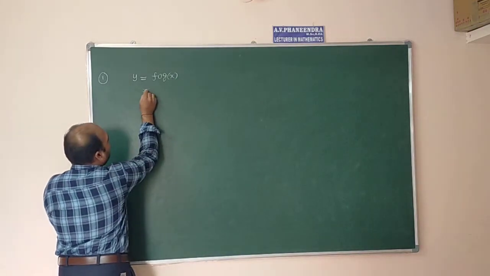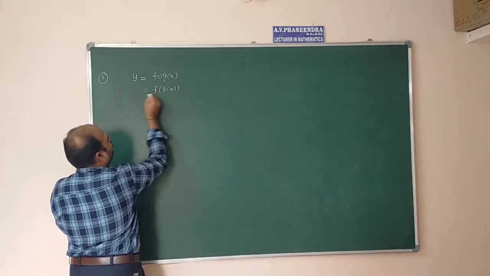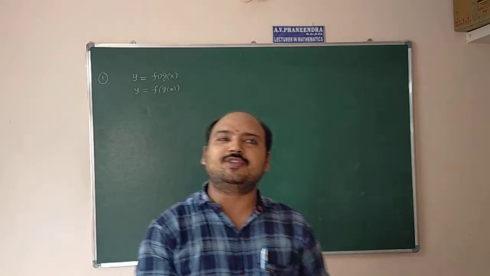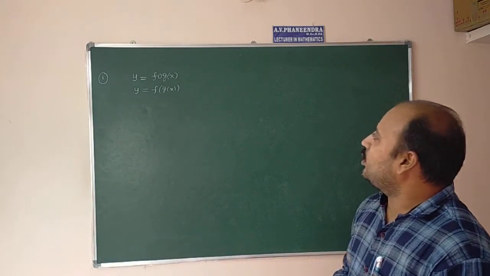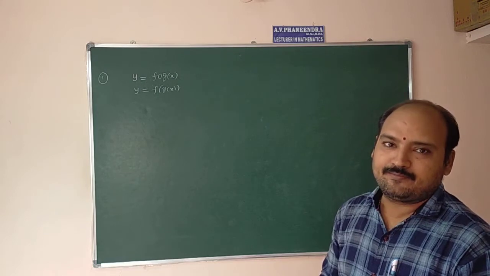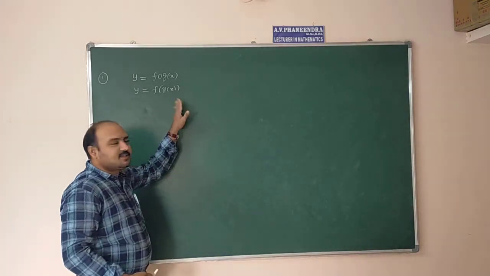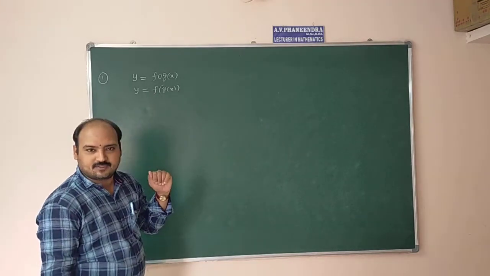We can write it as f of g of x. Like these functions, how to differentiate? y is equal to f of g x. Here, g of x is a function which is involved in the function f.